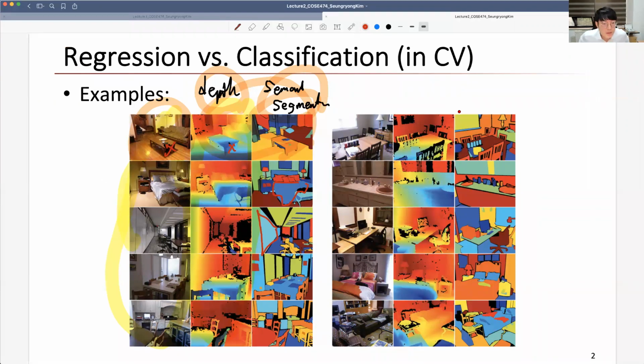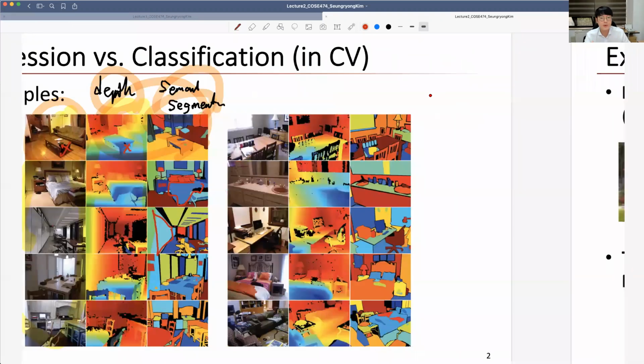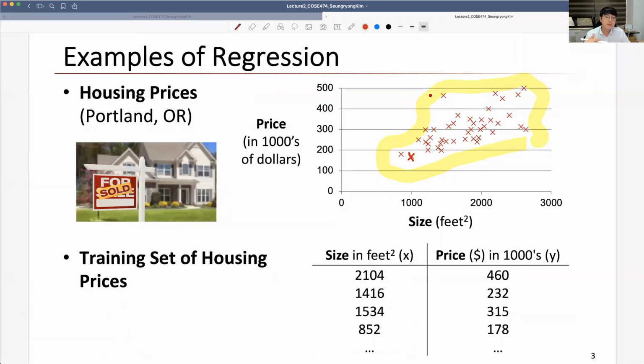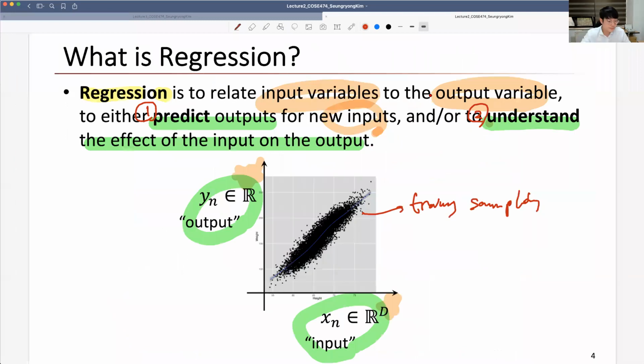This is called the depth estimation problem or the semantic segmentation problem. In the last week, we talked about this regression problem, and today we will talk about the classification problem.